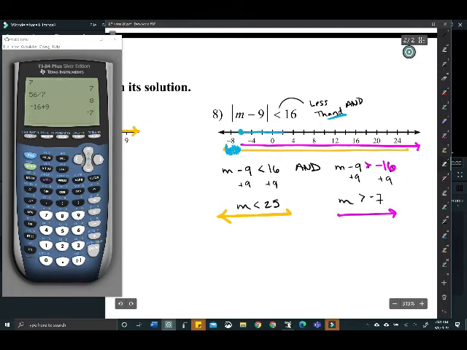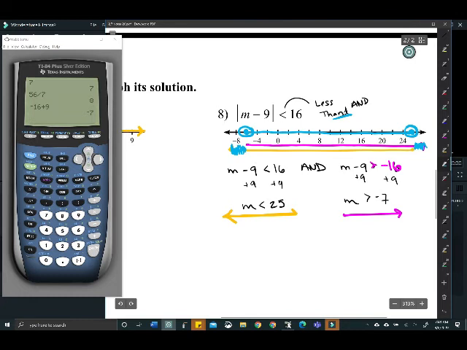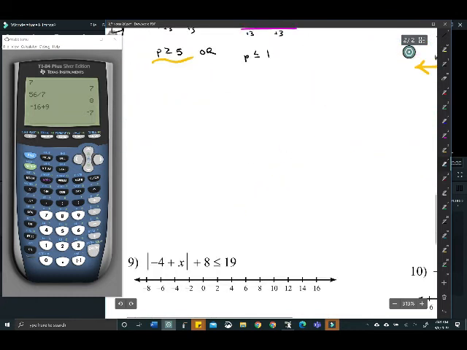So we go here, here, here until they're both covered, and then right at 25, they stop. Those would be open circles. But and is where they're both in common, okay? So just be careful of that. Okay, so less than. Few more of these, same idea.